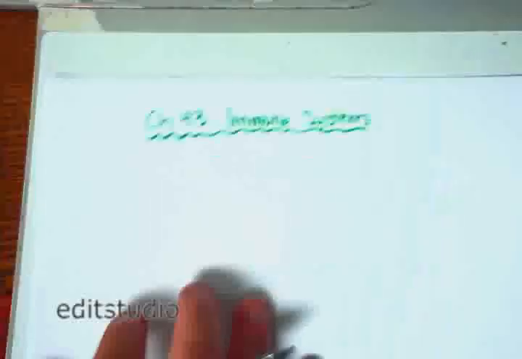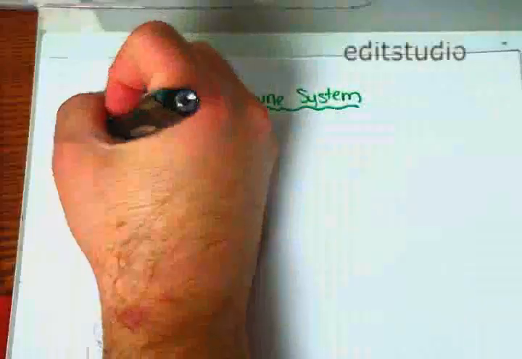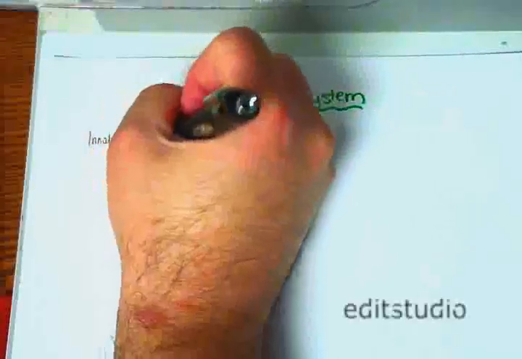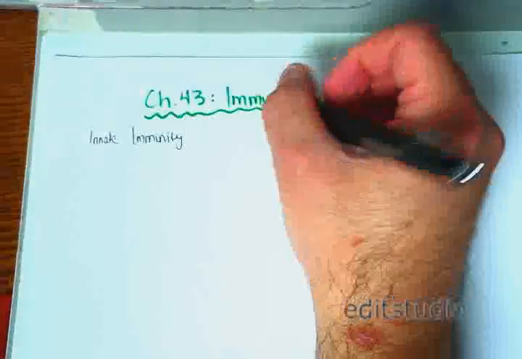The immune system. First off, let's talk about two very broad types of immune systems. Let's talk about an innate immune system, so innate immunity, as opposed to an acquired immunity.